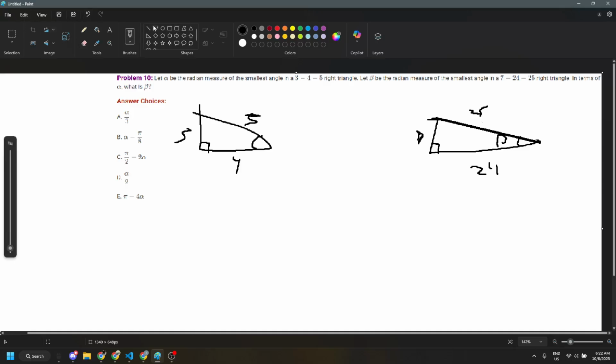Let's make it a straight line. Okay, and then this is alpha.